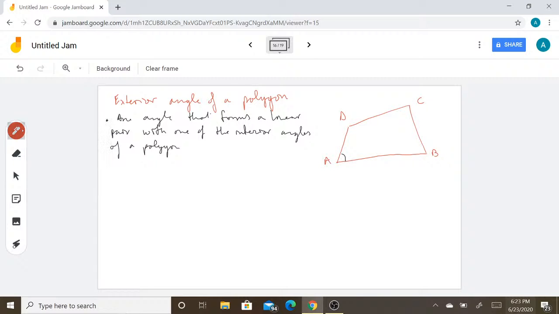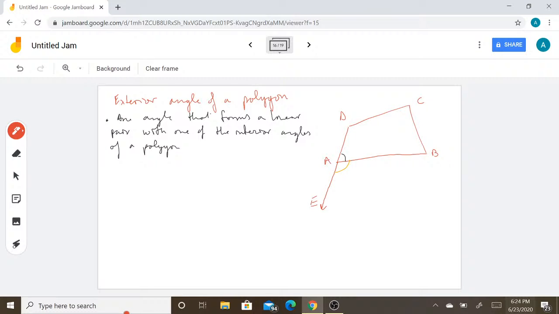And in order to create an exterior angle, we have to form a linear pair with that angle, meaning we have to extend the line AD outwards like this, and this creates another angle right here, which is an exterior angle of that polygon at the interior angle A. So say this is ray AE.